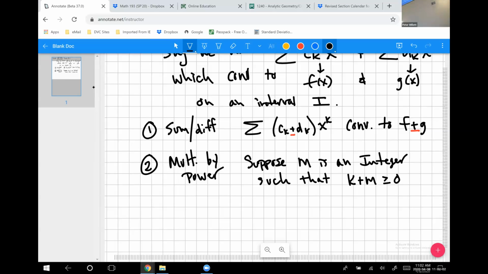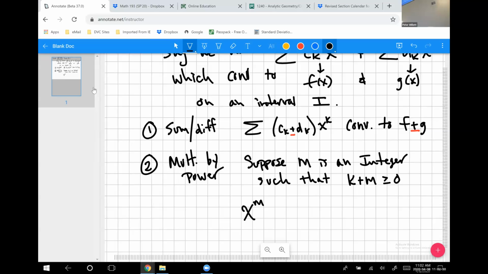So then you have x raised to this power m, which could be negative 2 or negative 3, but only if multiplied with a k power it always comes out non-negative. Usually it's going to be something like x squared or x to the 5th.